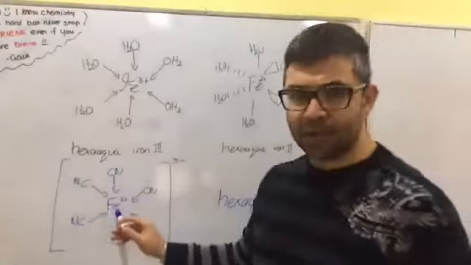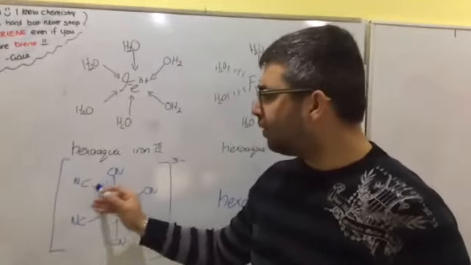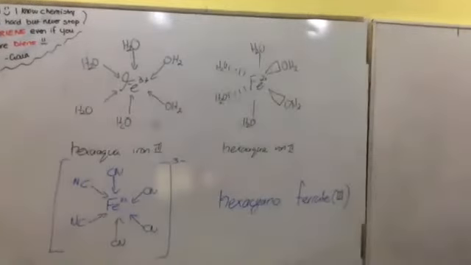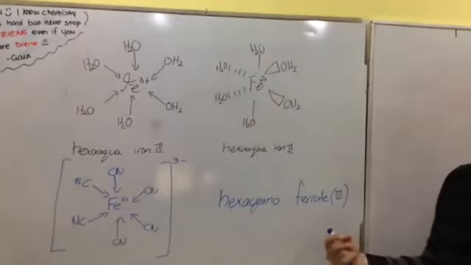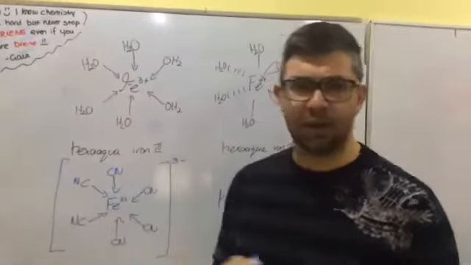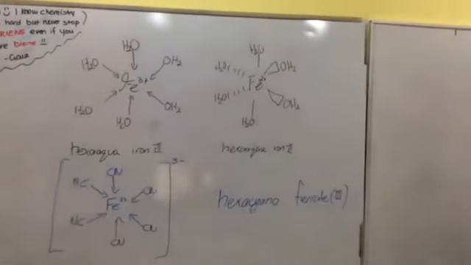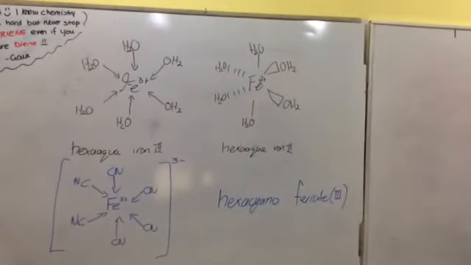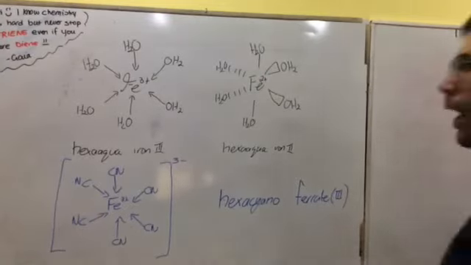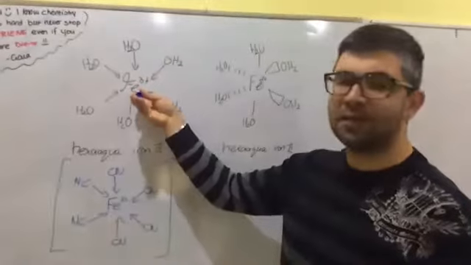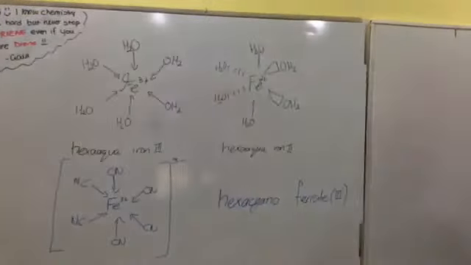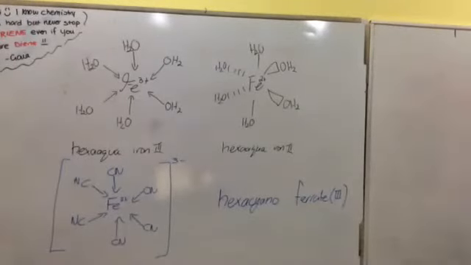That the Fe3 plus is receiving 6 negative charges. So if you start with +3 and you receive 6 negative charges, overall you will be 3 minus. Now the first one is a positive complex because we have Fe3 plus and each of the waters is not giving a charge. Each of the waters is neutral.